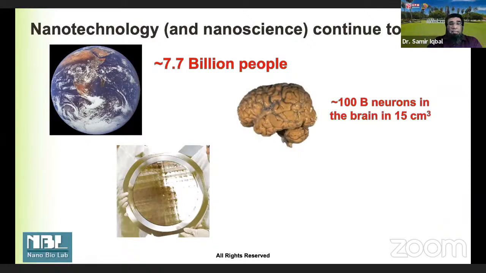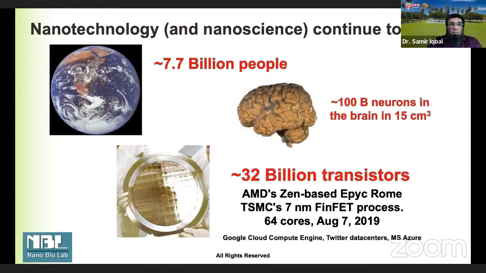Even 2 years ago, they came up with this EPYC device from AMD, which has 32 billion transistors. And the number is going up. At this stage, even the chip industry has a backlog. They are not able to deliver all the chips that are needed. 32 billion, that was 2 years ago.